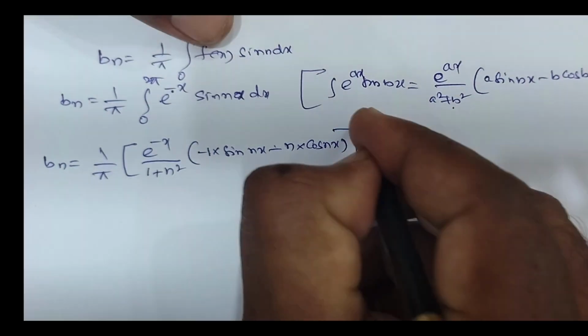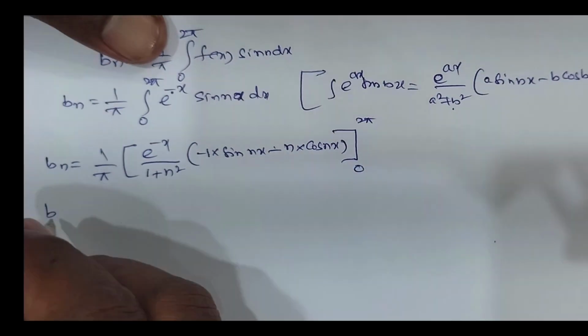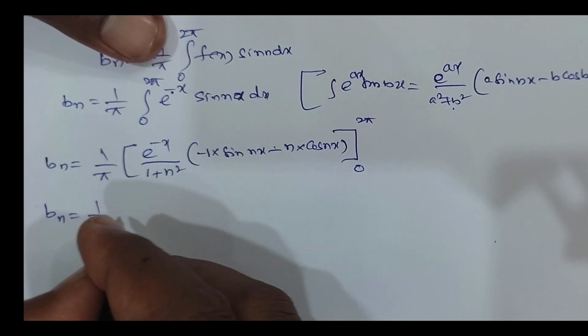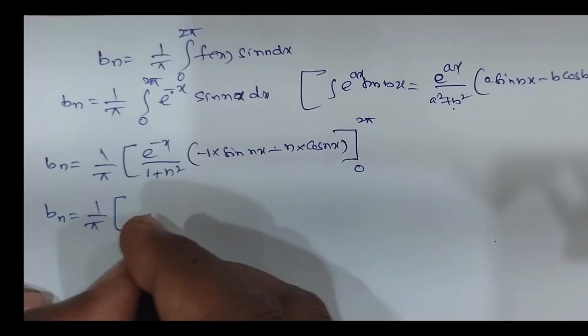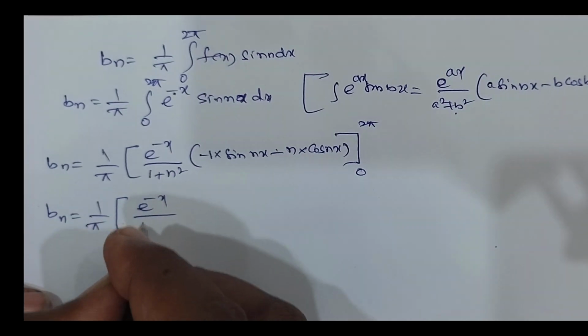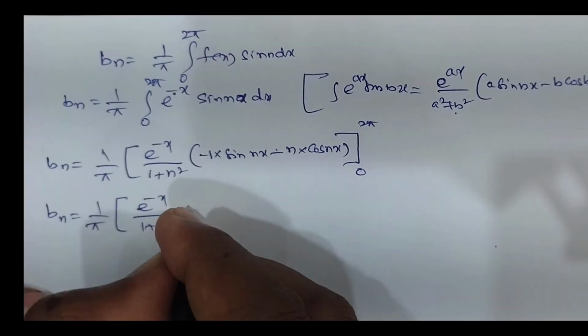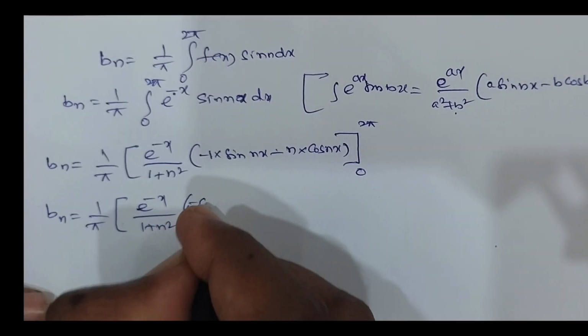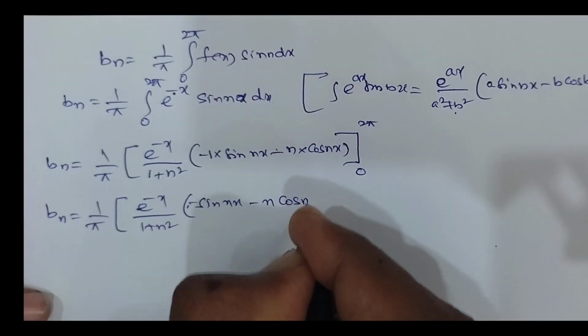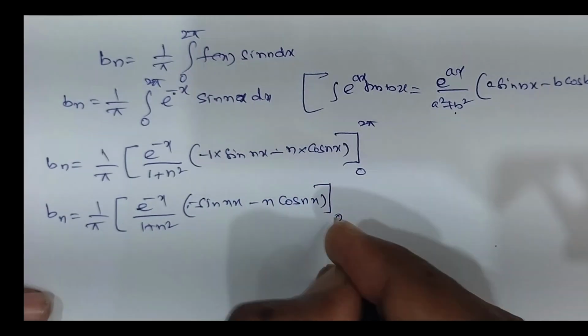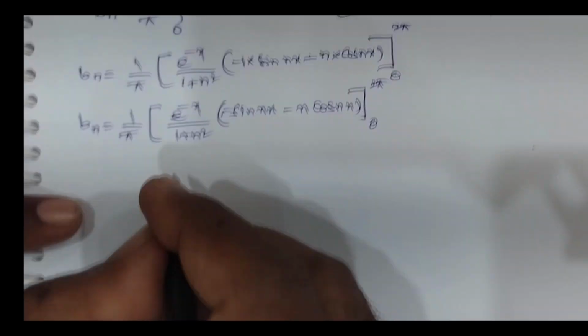So the limits are 0 to 2 pi. So bn is equal to 1 by pi into, so simplify. So e power minus x by 1 plus n square into minus sin nx minus n cos nx. So the limits are 0 to 2 pi.